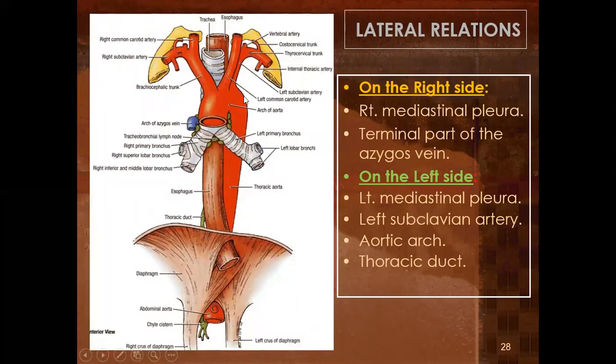We can also see the aortic arch here, as well as the thoracic duct. The thoracic duct, especially on the upper part, will be on the left side. So these are some of the important relations of the esophagus.